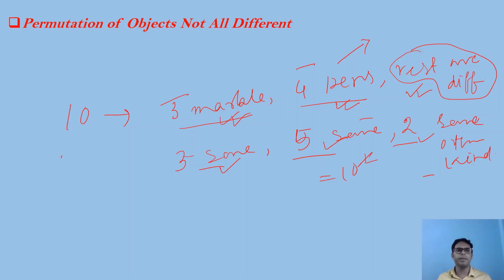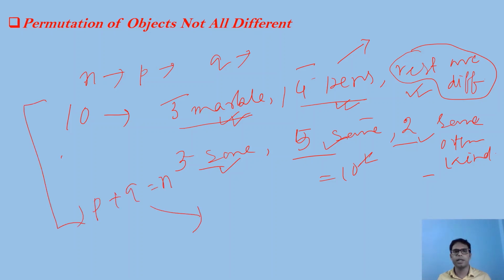So if you have n number of objects, say p of them are the same kind, then q of them are the same kind, then the total number of permutations, where p are the same type and q are the same type, such that p plus q is equal to n, the formula is factorial n divided by factorial p into factorial q.